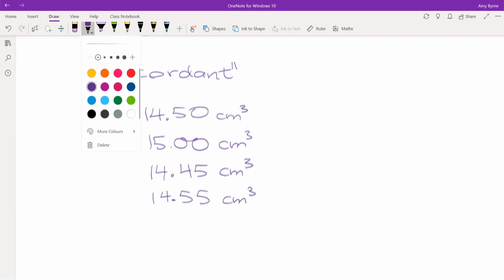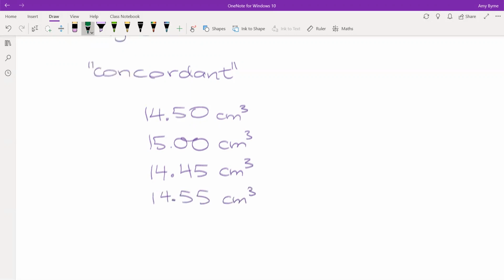Now, even though there isn't much of a difference, this answer is clearly not agreeing with the others. This is a non-concordant result.